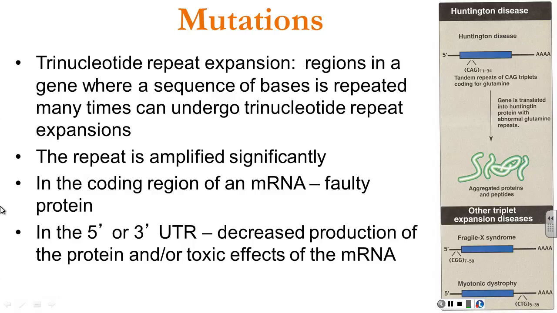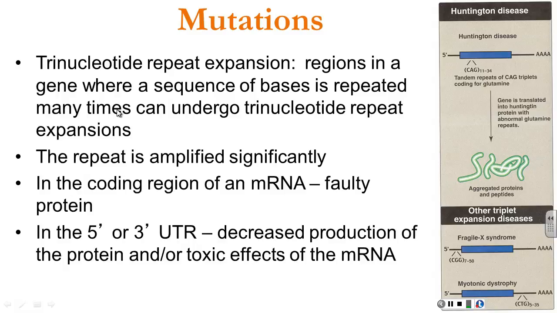Now, it doesn't have to be a trinucleotide. There can be 2 nucleotides, there can be 4 nucleotides, but most of the repeat expansions that you see are trinucleotides. And this is a region where a sequence of bases, even in the normal person, is repeated many times.